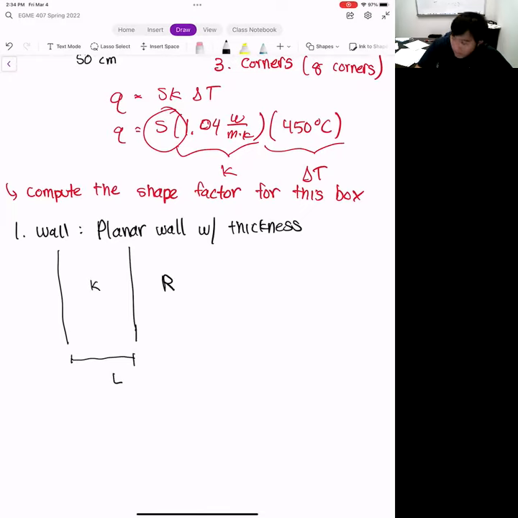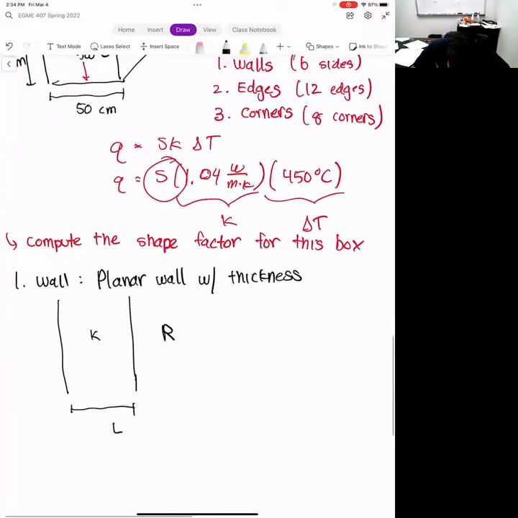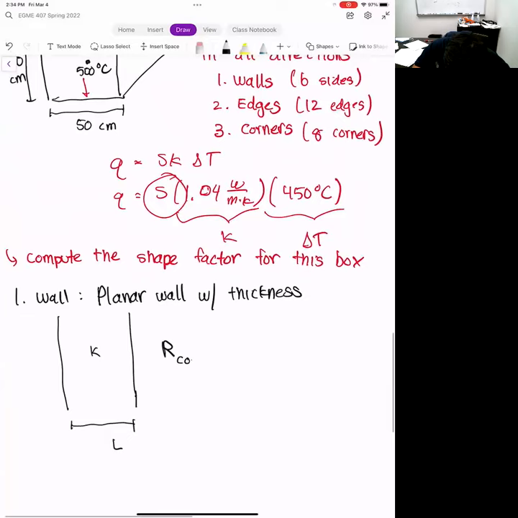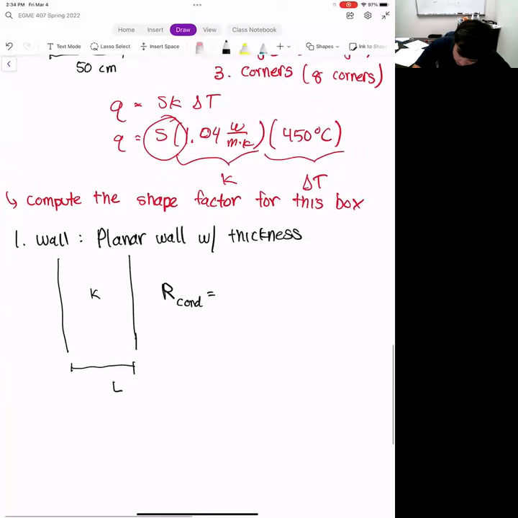And so here we actually don't need any shape factors at all because we know what the resistance is. The resistance for this is simply going to be the conduction resistance of a planar wall, which is L divided by KA.